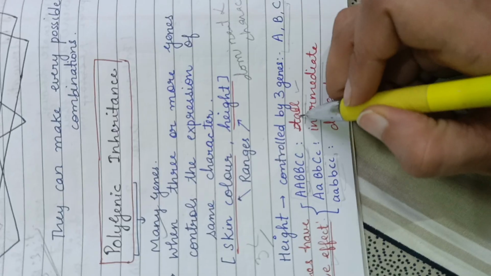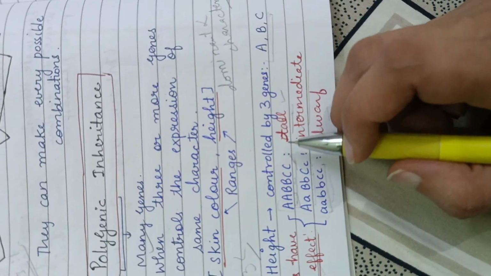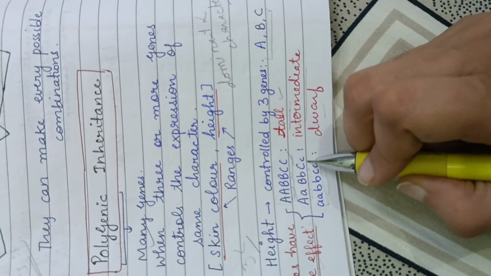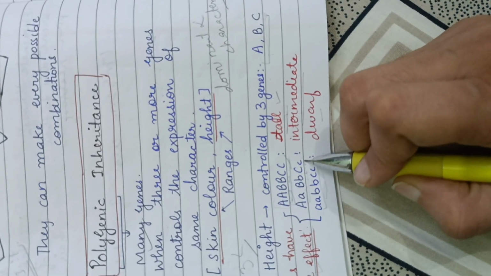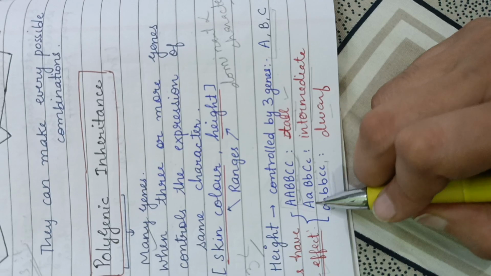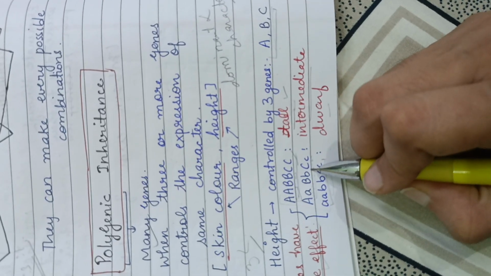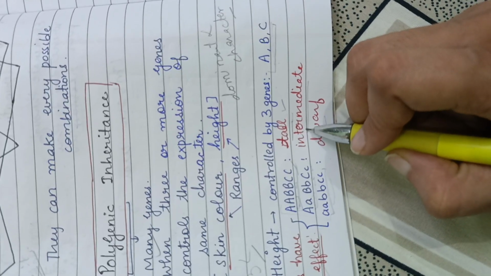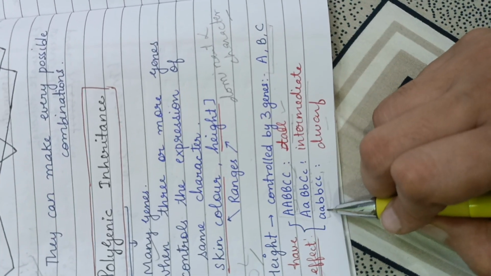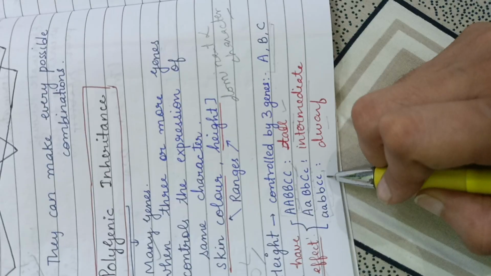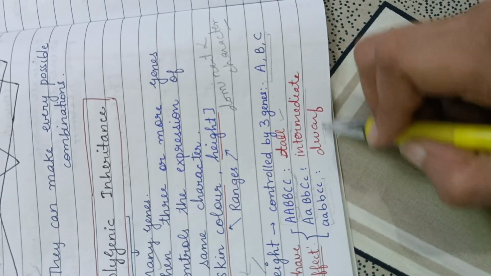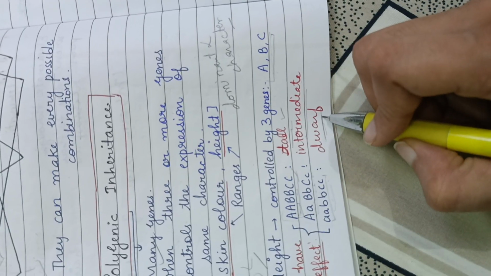So the person here will be the tallest. And if we see capital A, small a, capital B, small b, capital C, and small c, it has only 3 dominant alleles, capital A, capital B, and capital C. So the height would be intermediate. And if we see here small a, small a, small b, small b, small c, small c, there are no dominant alleles present here. So the individual will be the shortest or dwarf.